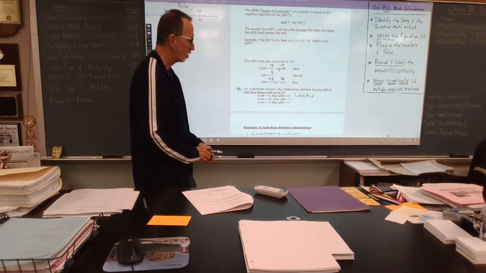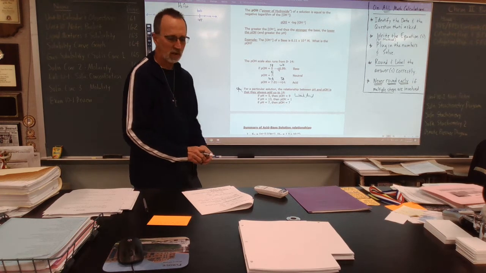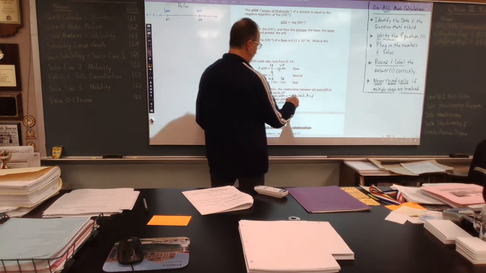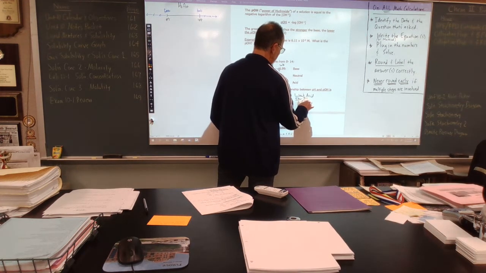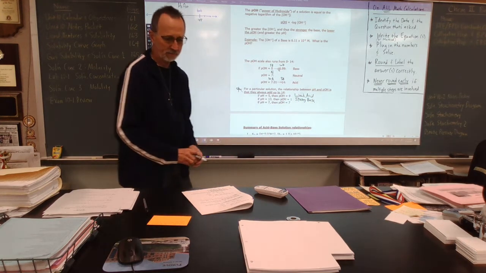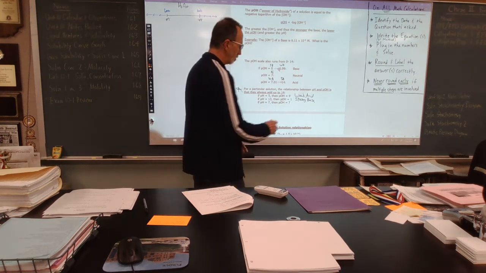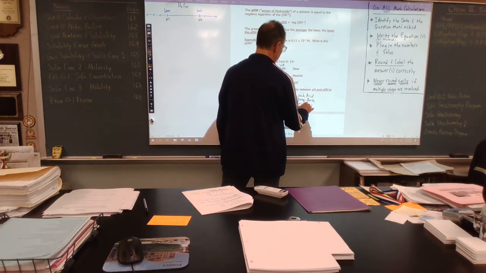If the pH is 13, then the pOH would be 14 minus that, or 1. That would be a very strong base. A pH of 7 and a pOH of 7, of course, that would be a neutral solution.